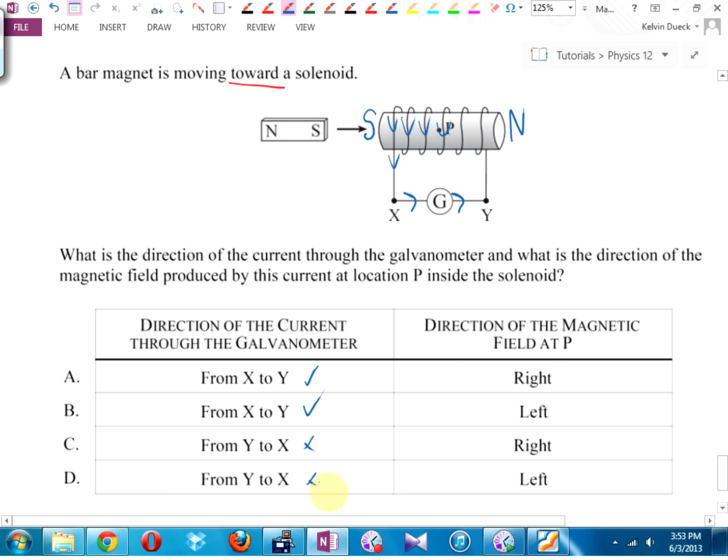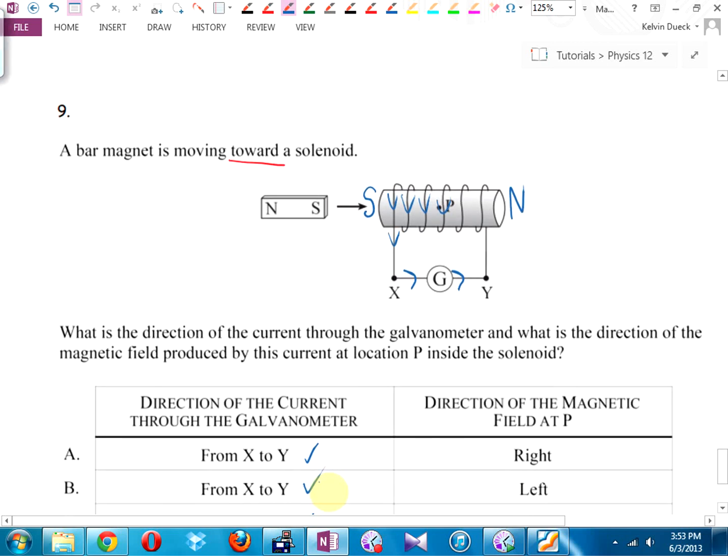Now, which way is the direction of the magnetic field at location P? Outside, the magnetic field line is going to go like this. But because magnetic field lines have no beginning and no ending, in fact, really, the solenoid rule that I've given you tells you the direction of the magnetic field inside the solenoid.